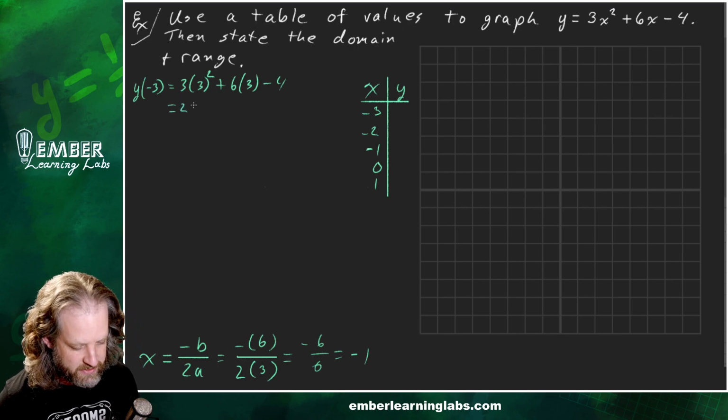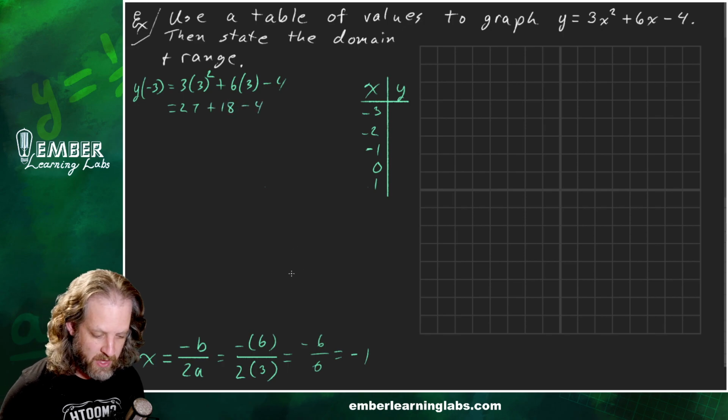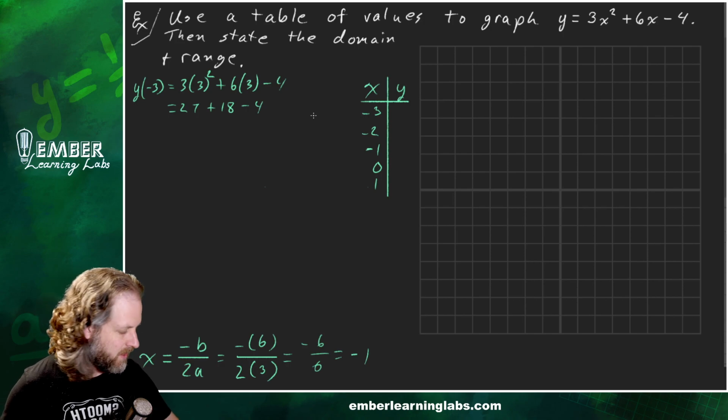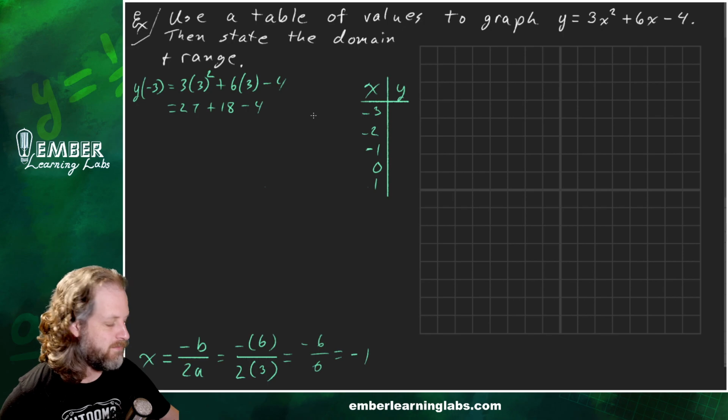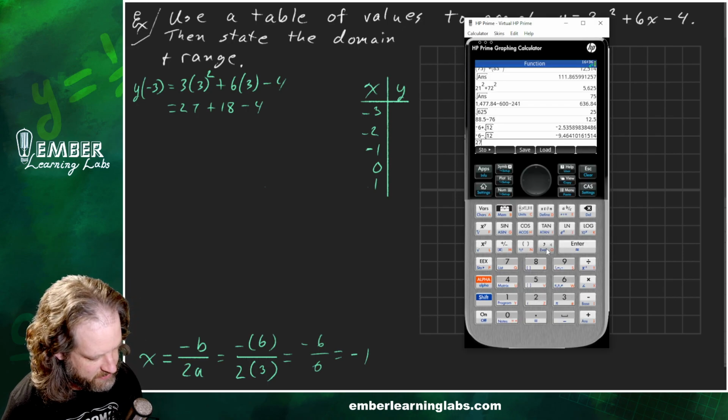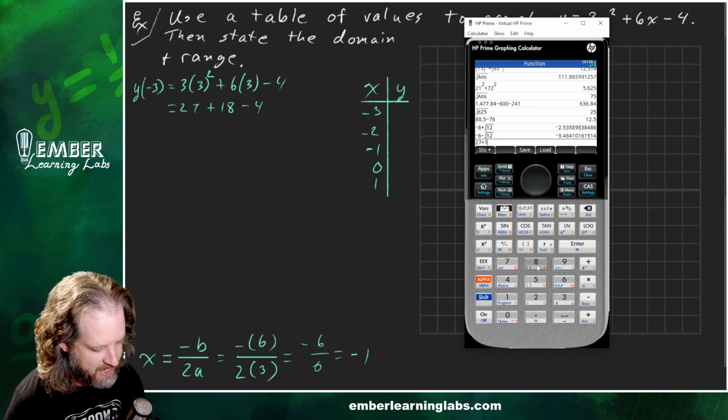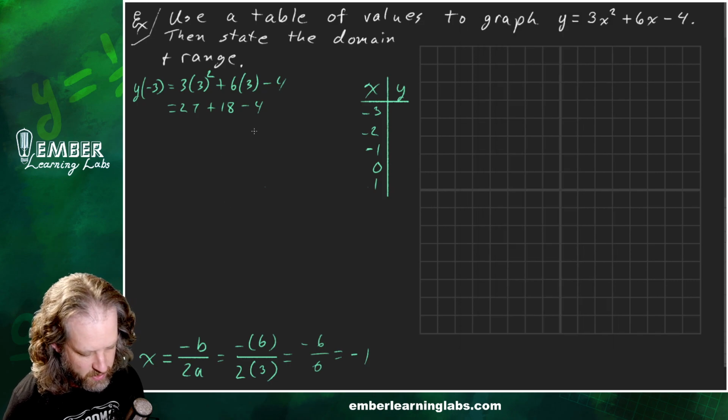So we've got 27 plus 18 minus 4. I'm going to put that in the calculator. All right, so 27 plus 18 minus 4 equals 41.